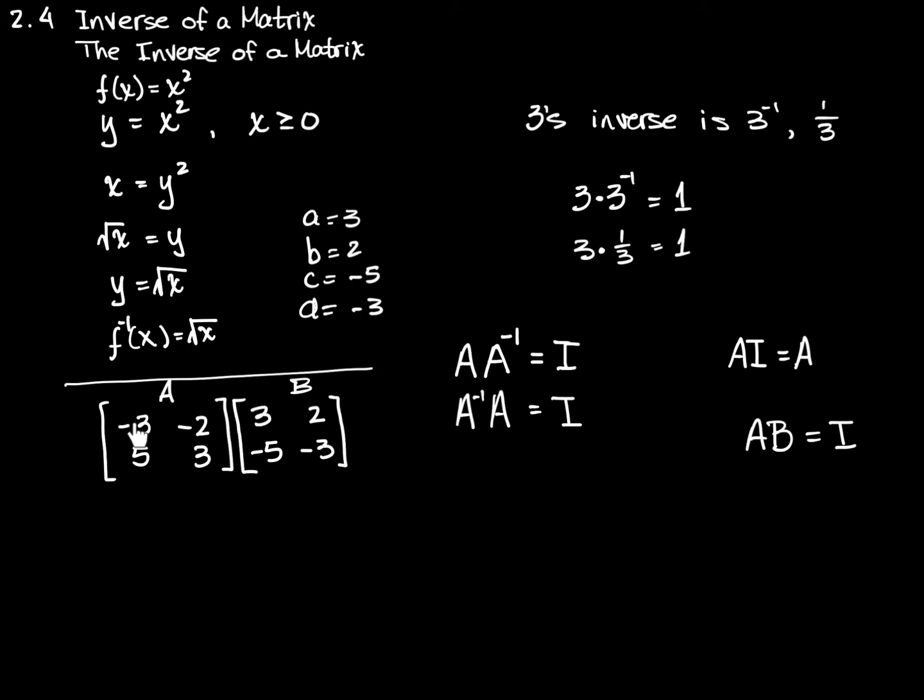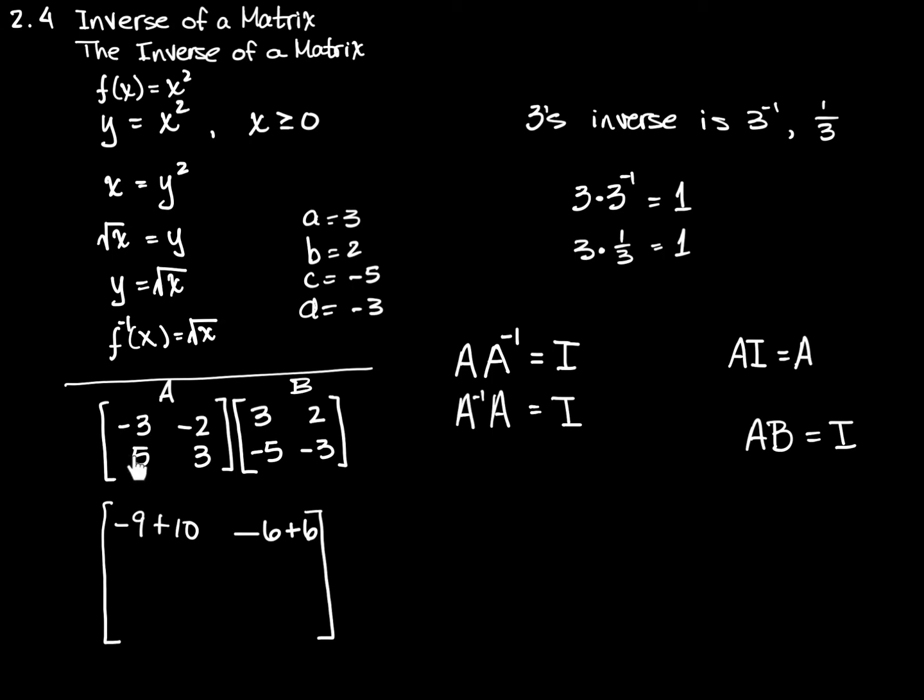AB is going to be -3 times 3, which is -9, plus -2 times -5, which is 10. So I'm going to have -9 plus 10 as my first row, first column entry for A times B. Then I'll have -3 times 2, which is -6, plus -2 times -3, which is +6. -6 plus 6.